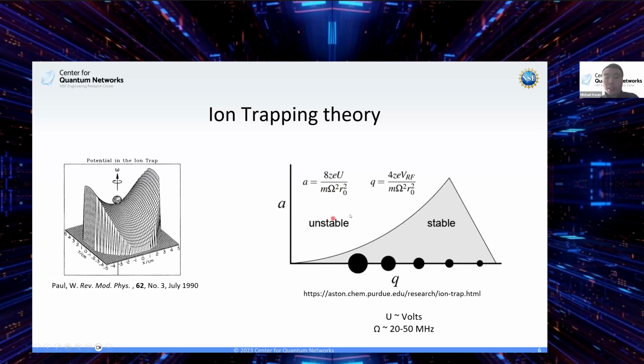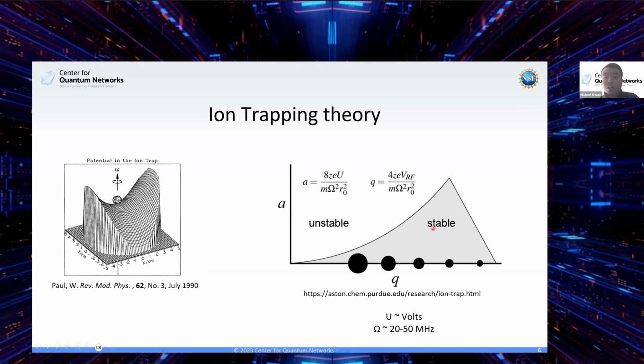Now, the Mathieu equation has both stable and unstable solutions, so we usually want to work backwards from the desirable stability parameters a and q that are in the gray region, and then numerically determine what voltages and frequencies we need to apply to the electrodes.